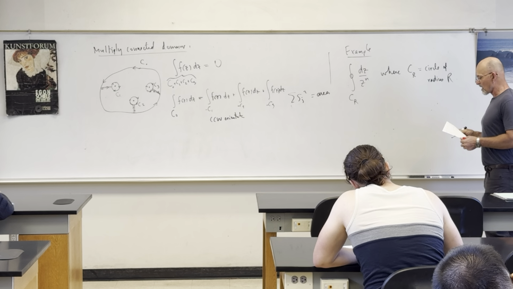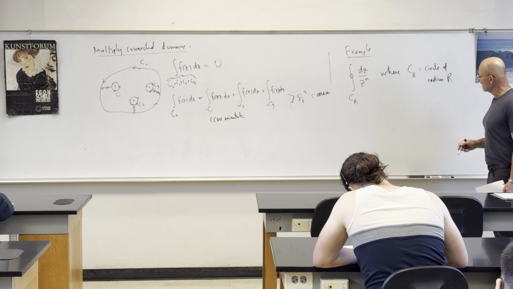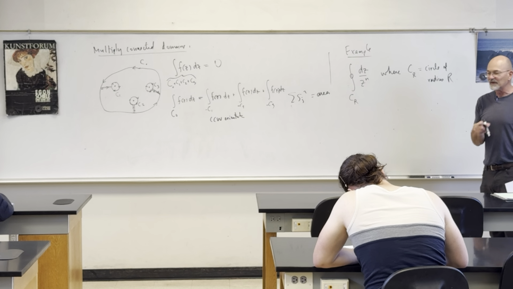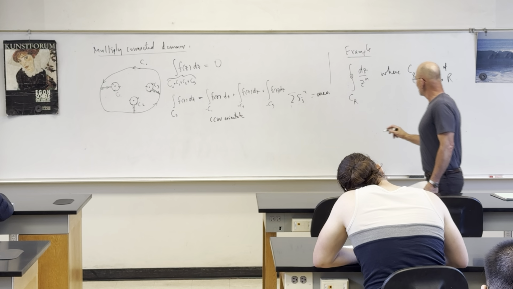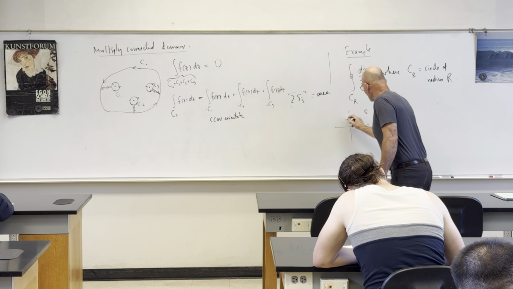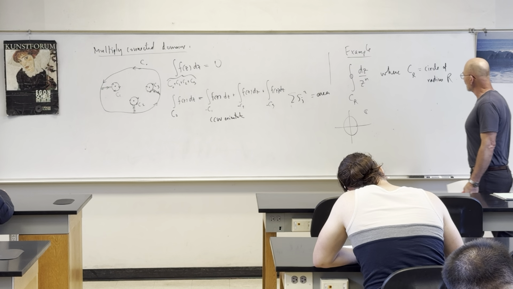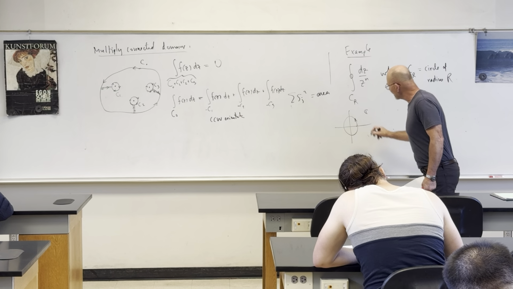And it's going to be properly, positively oriented. So this is essentially what we just did a few minutes ago. Okay, circle of radius r, already drawn. So we're in C here. Circle of radius r around the origin. And we'll draw the orientation as well.